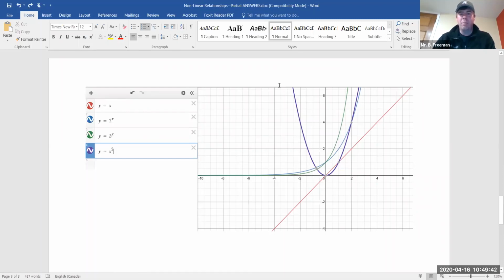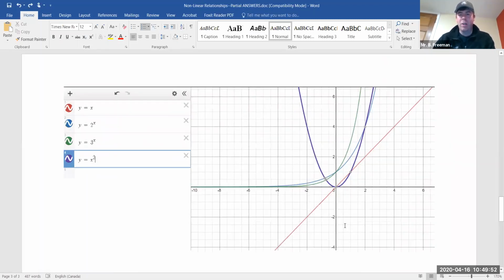And then you can see my parabola going to equation 4. So your standard parabola, y is equal to x squared. And then what we will mainly deal with when it comes to rates of change is an equation like y is equal to 2 to the exponent x, which is a doubling curve, or a tripling curve with 3 to the exponent x, or any value we put in.